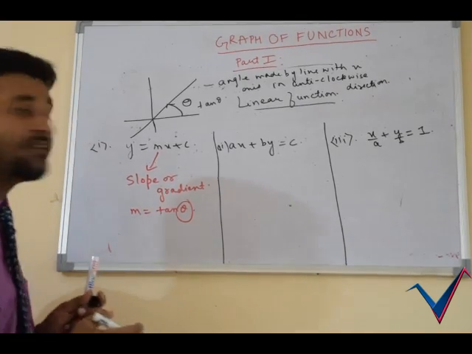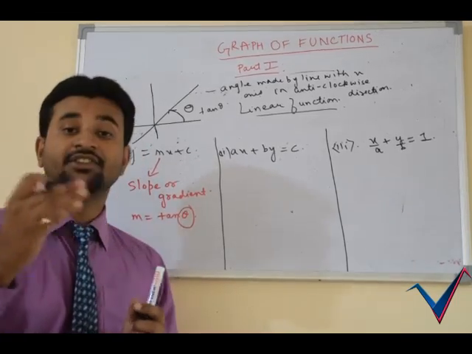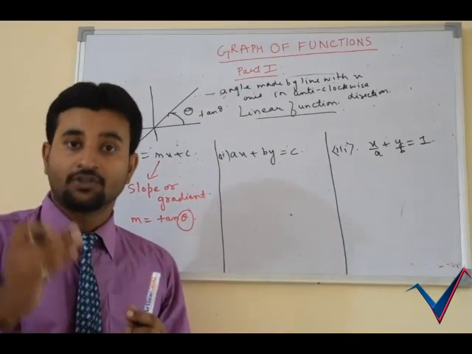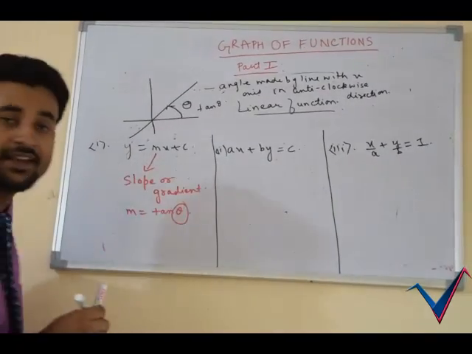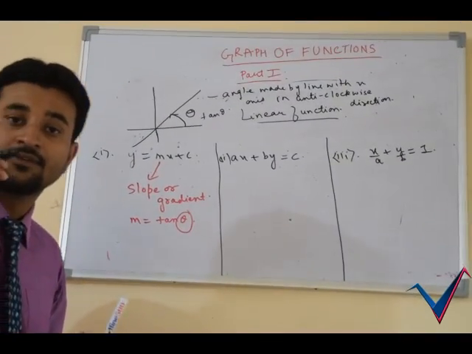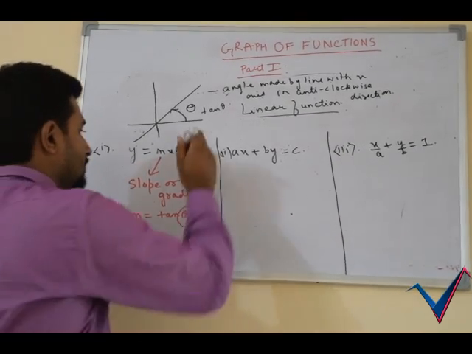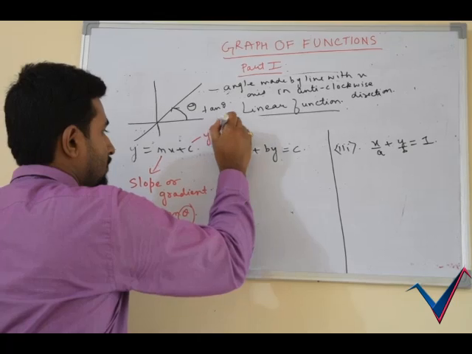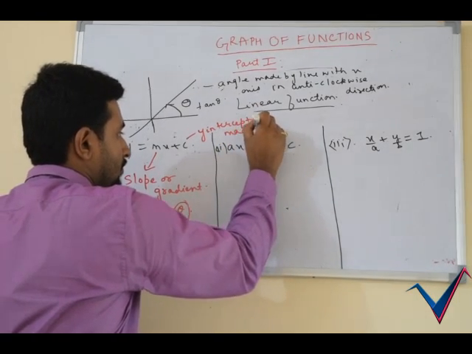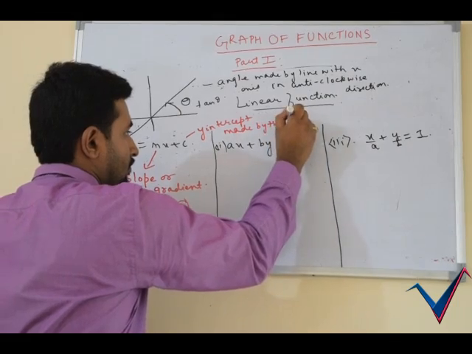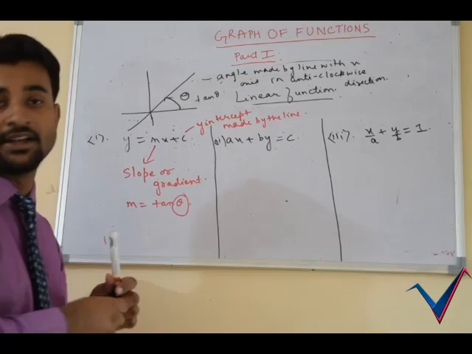For angle between 90 to 180 degree, in this range tan theta is negative, so slope will also be negative. And what is c here? c is simply the y-intercept made by the line.